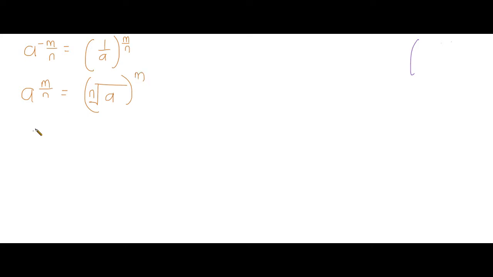And the final one, this is a over b raised to the power of a negative fraction, and this will be removing the negative power there, this will be b over a all raised to the power of m over n. And we're going to solve some examples. All we need to do is to memorize these laws, and I have some examples to give better understanding. Let's take for instance where we have 8.